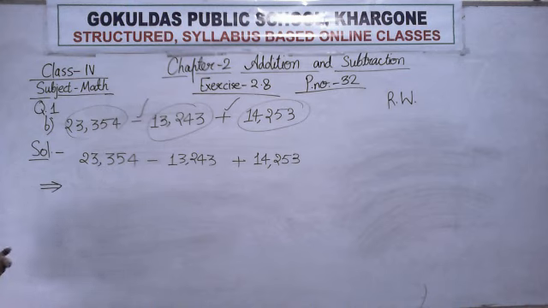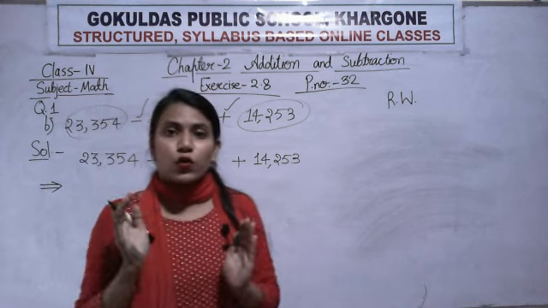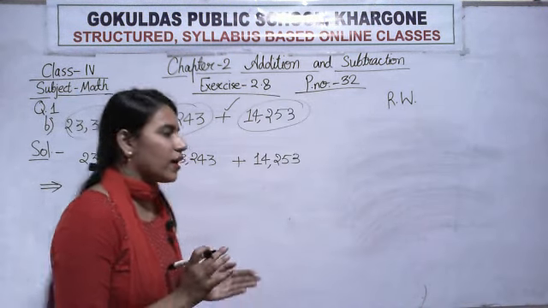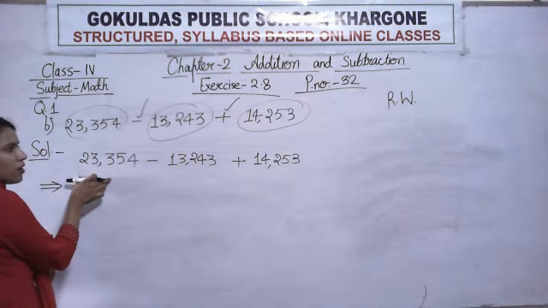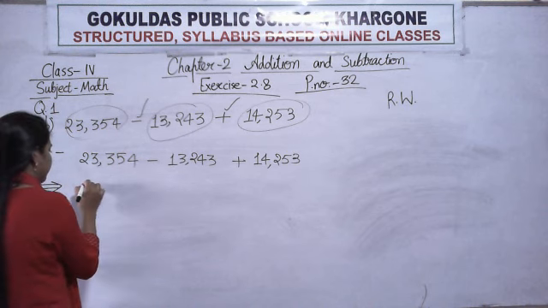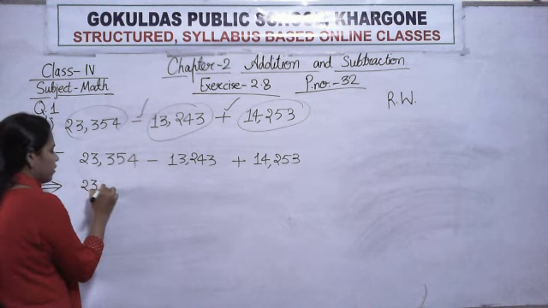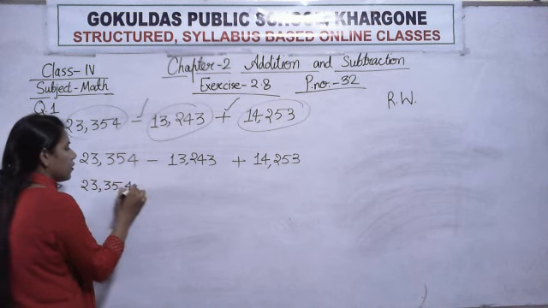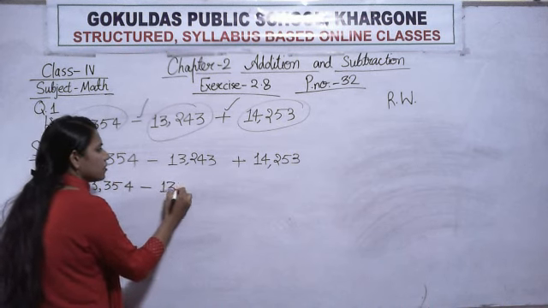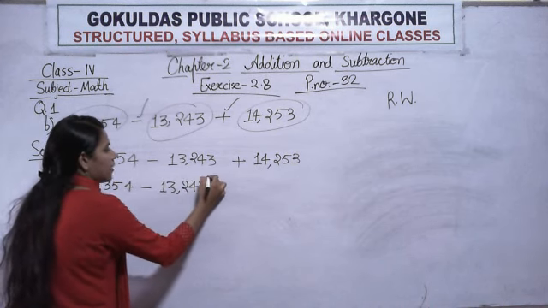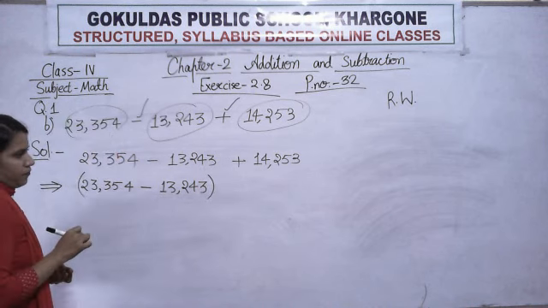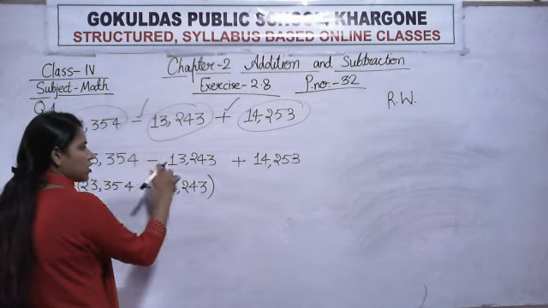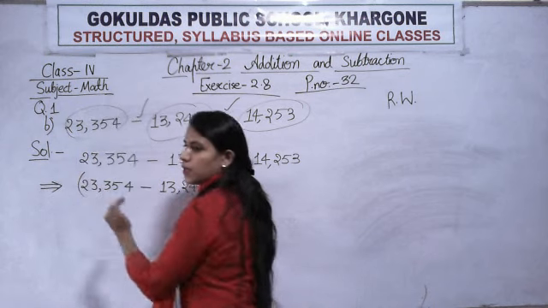Okay, now what will we do? We will make the group of 2 numbers. So I am making the group of first 2 numbers. 23,354 minus 13,243. I am making the group of first 2 numbers, so I am keeping these 2 numbers in bracket.